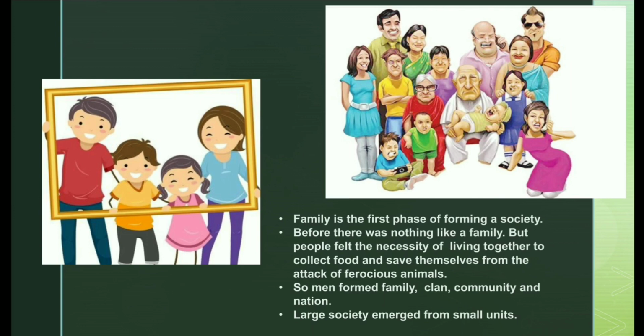Before, there was nothing like a family, but people felt the necessity of living together to collect food and save themselves from the attack of ferocious animals. So man formed family, clan, community, and nation. Large society emerged from small units.